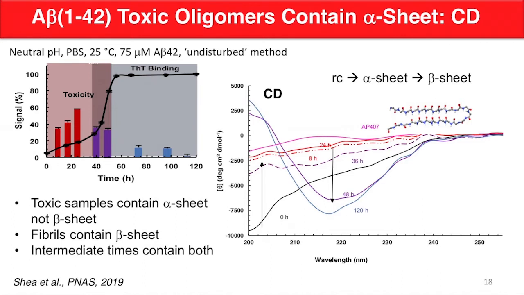Then you can see beta structure in the blue curve corresponding to late in the process at 120 hours. So our toxic samples do not contain beta sheet, they contain alpha sheet, and the fibrils are beta sheet. And then in the intermediate, you get a mix. Now, you have problems quantifying null signals, however, going to the alpha sheet signal.